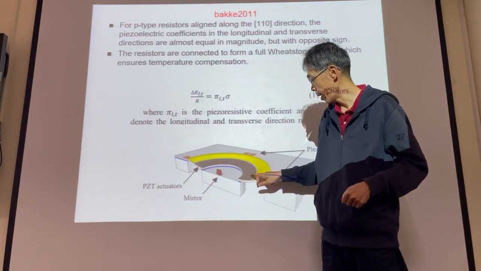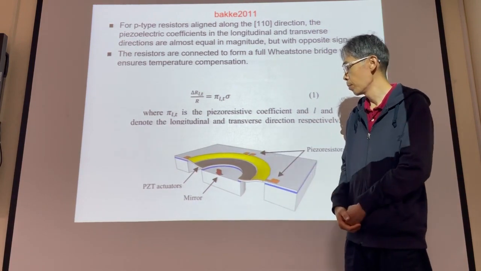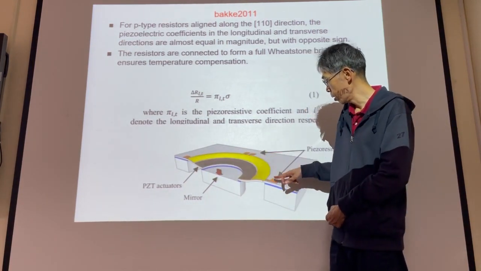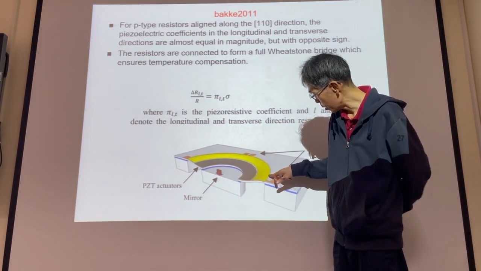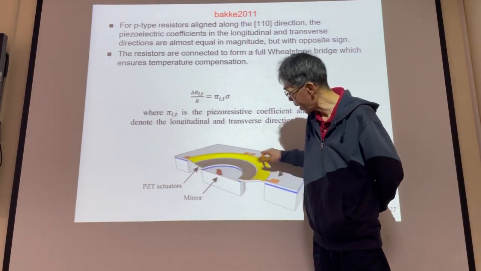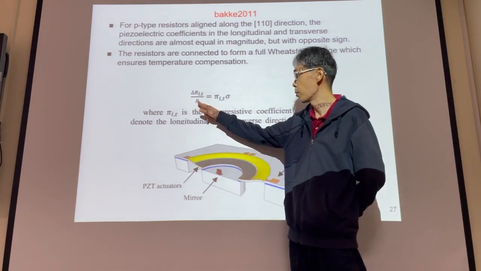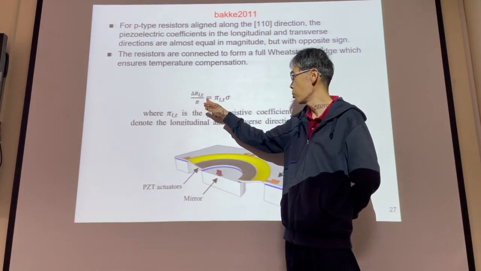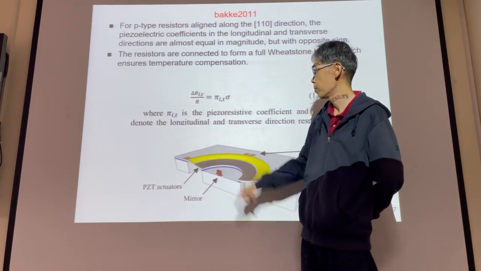Piezo actuator will bend. And we have piezo resistors near the fixed side of the device. And this is the piezo resistor equation. Delta R divided by R equals pi times sigma.